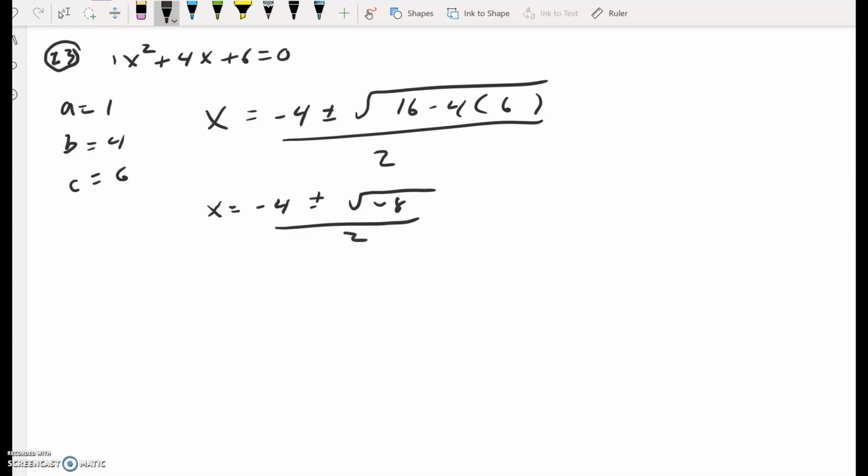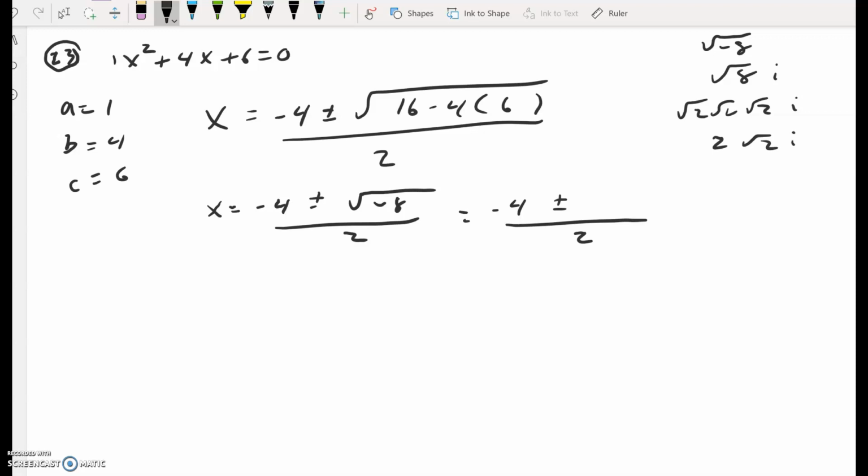This equals negative 4 plus or minus, and then we need the square root of negative 8 to be simplified. It is the square root of 8 times i, which is the square root of 2 times the square root of 2 times the square root of 2 times i, which is 2 times the square root of 2 times i.